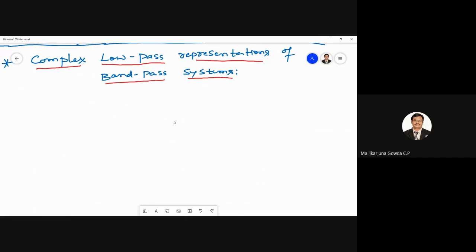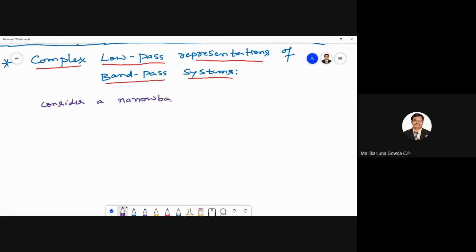Let us start with signal. So let me consider a narrowband signal, which is basically a bandpass signal. So far I used to say bandpass signal, now I am calling it narrowband signal.